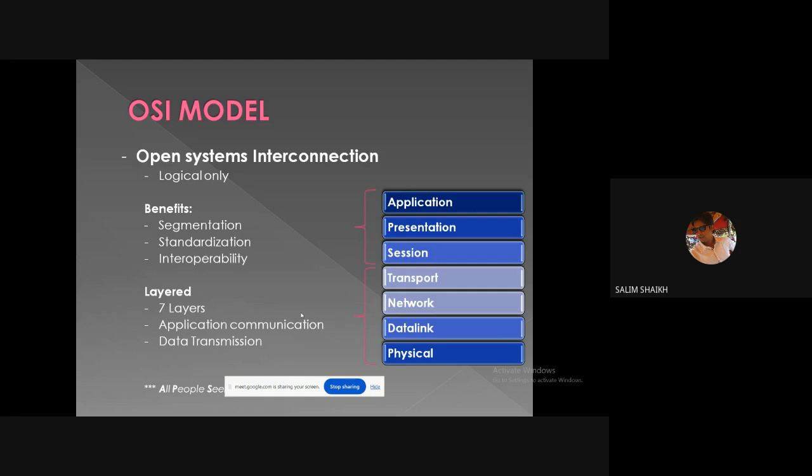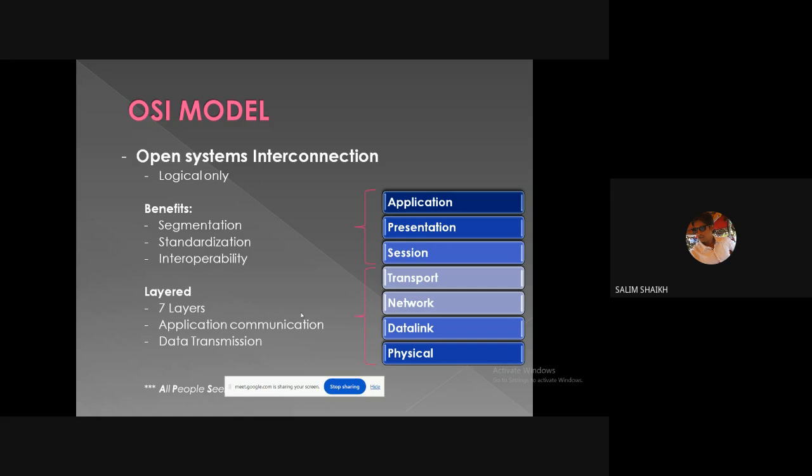Just to take an example, when you send an email, the application at layer 7 uses protocols like SMTP. It will use the presentation and session layers to format your data and send it across, while the actual data transmission is done by the lower 4 layers: the transport, network, data link, and the physical layers. We'll talk about most of these layers in the further slides.